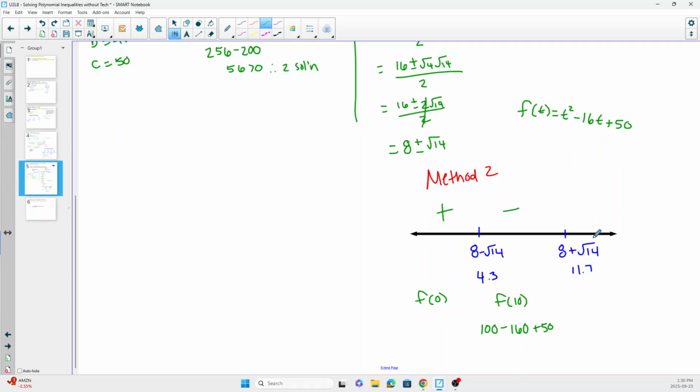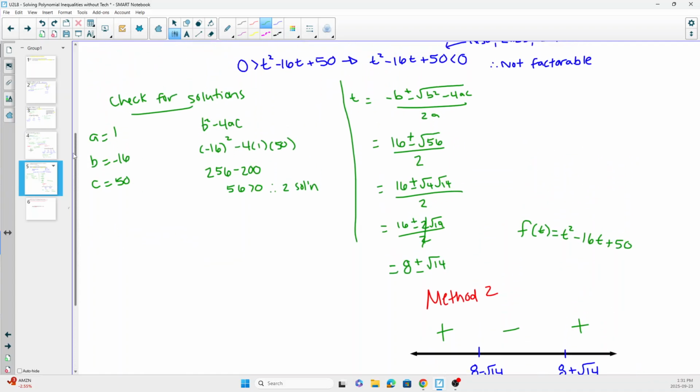And then on this end, I can sub in anything that I want, to make my life easy. As long as it's greater than 11.7, I'll sub in 20. So I've got 20 squared, which is 400. I have 16 times 20, which is 320, so minus 320, and then plus 50. 400 minus 320 is positive 80, plus another 50, keeps it positive.